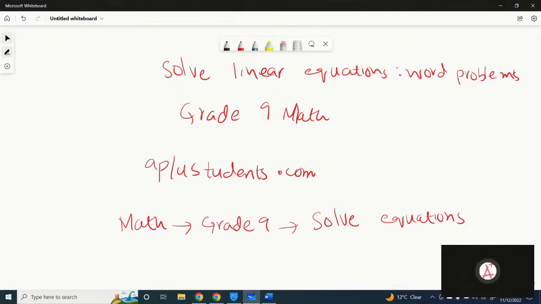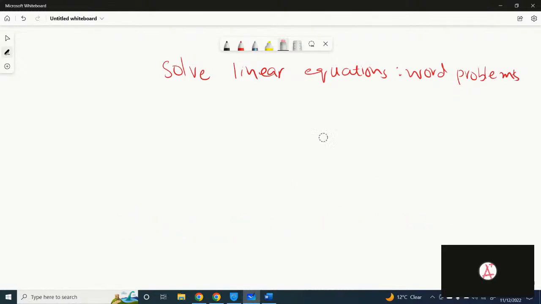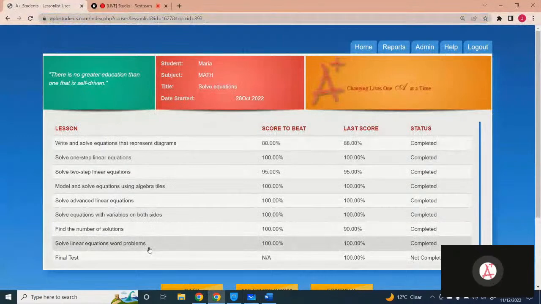Got it? Let's start with the solve linear equations word problems. Okay, let me go to the topic. Here is the topic solve linear equations word problems. Let's start with the lesson.